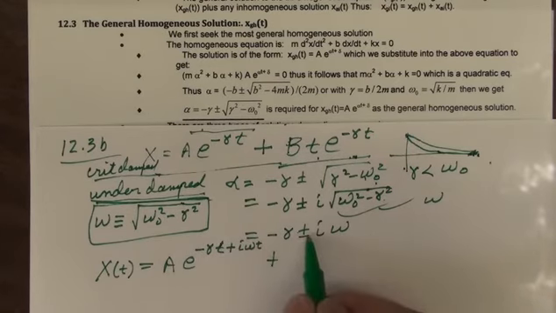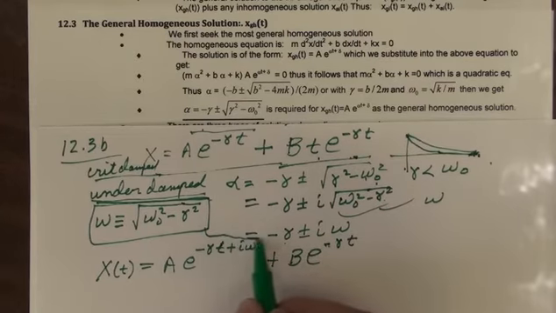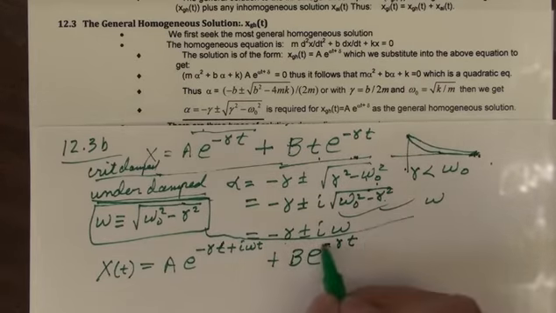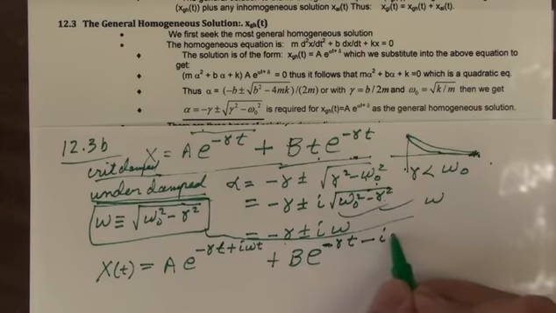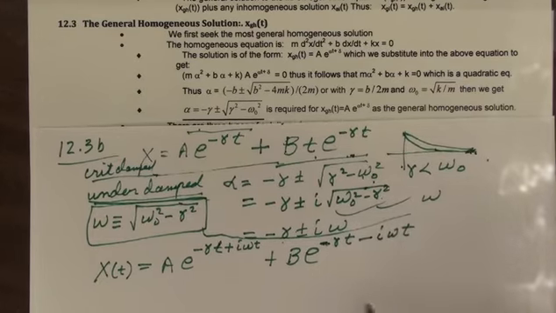And then we have another one where we have the other sign. Remember, a second order differential equation has two signs. So it's plus B, another constant, times this other solution, e to the minus gamma t as before, minus i omega t.